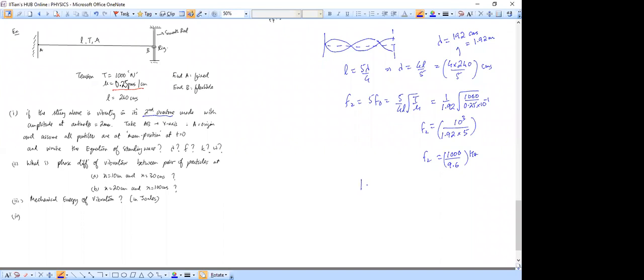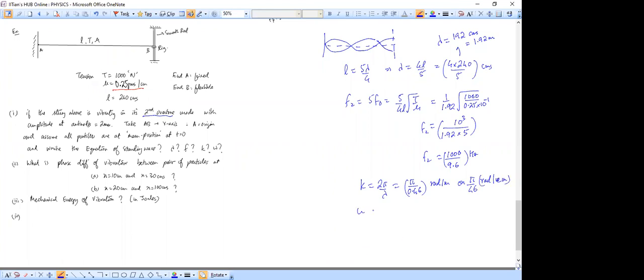So your K, which is 2 pi by lambda, becomes pi by 0.46 radians per meter, or that's the same thing as pi by 46 radians per centimeter. Okay.